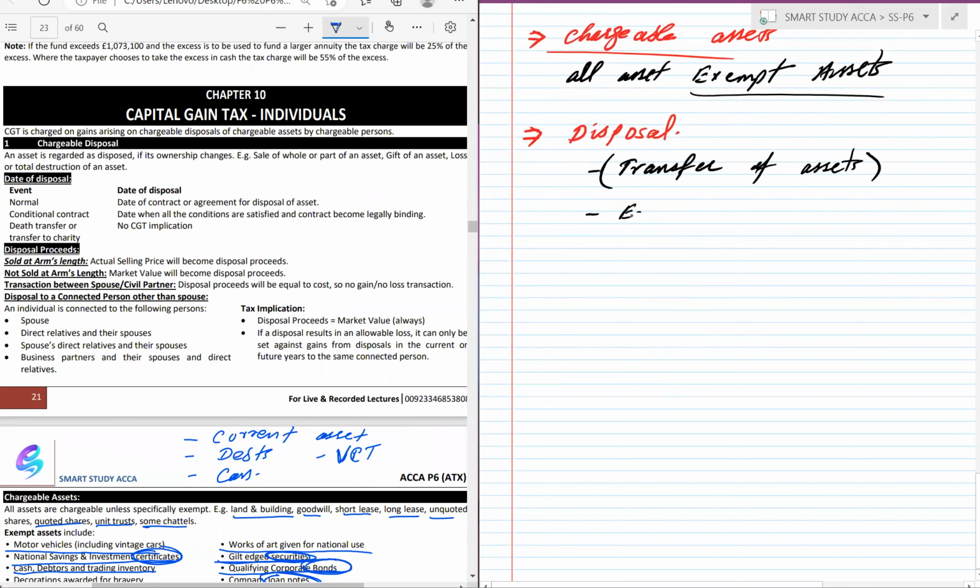For example, asset can be transferred through sale, through gift, through theft, through damage or destruction.